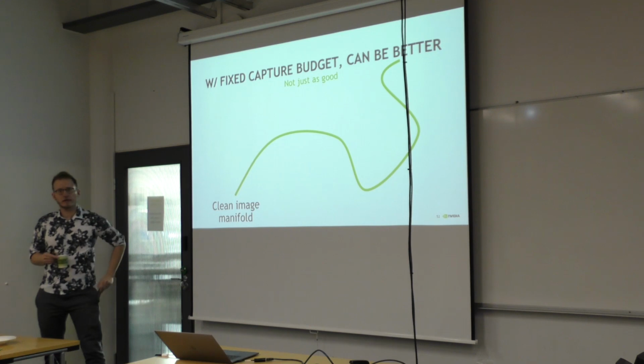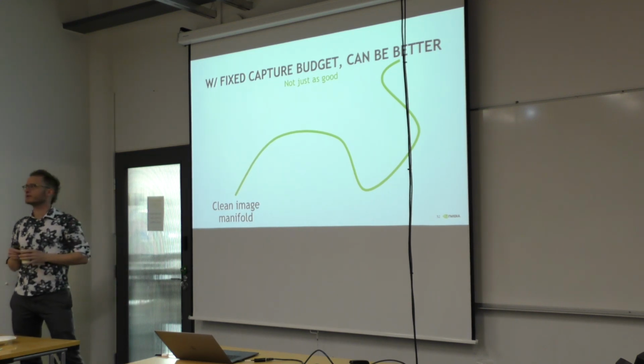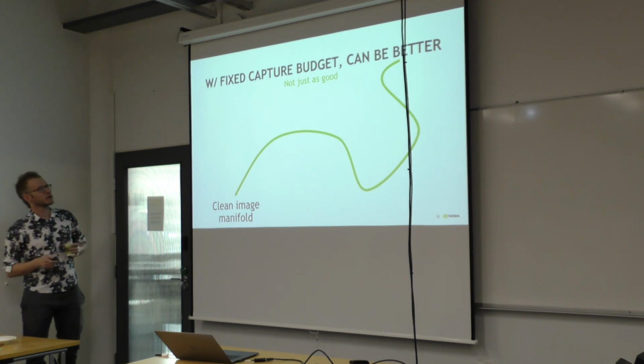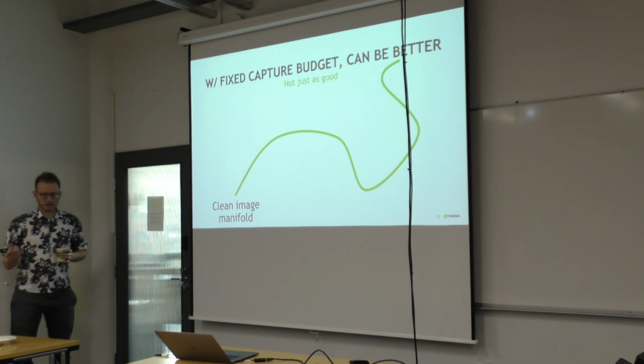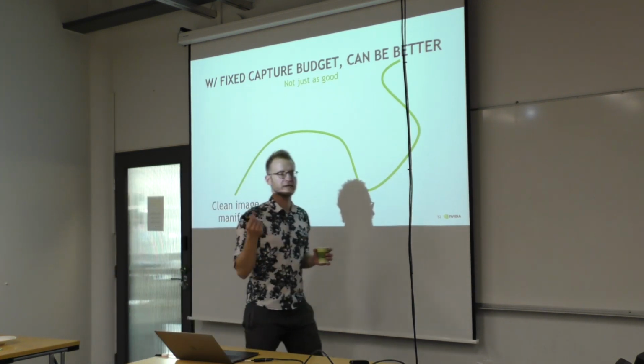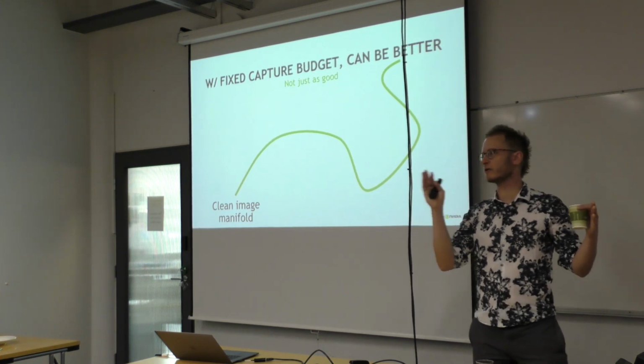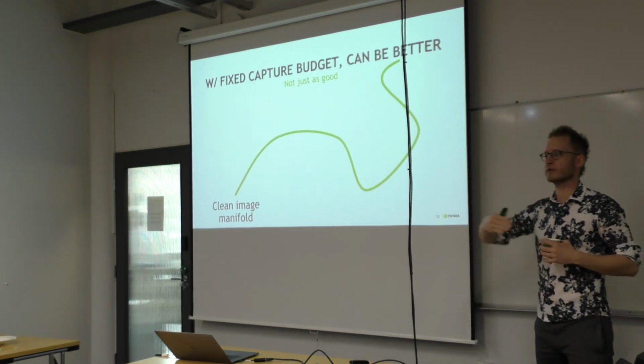Like I mentioned, it's not as good, but it can be better. In particular, consider the realistic situation where you have a fixed budget of capture: you only have some amount of time or money or resources you can use for capturing your training set.